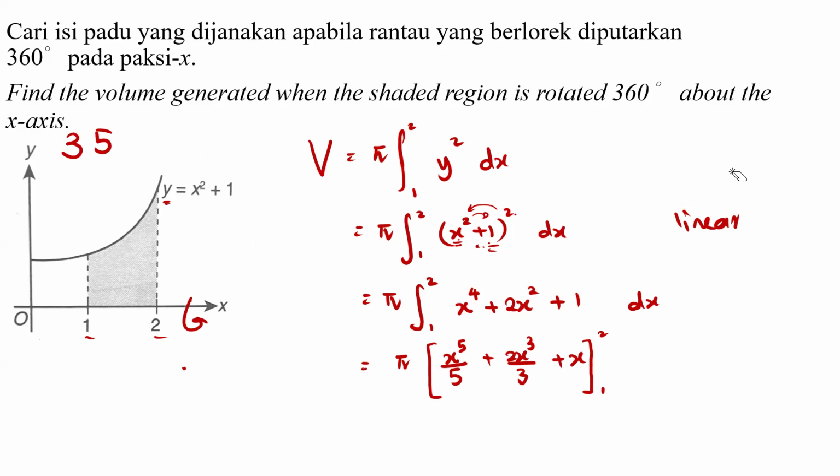So now we do the substitution. Okay? Oh, I need the space here. Okay, let me just put it here. And my volume will be still no space. Okay, never mind. Pi.